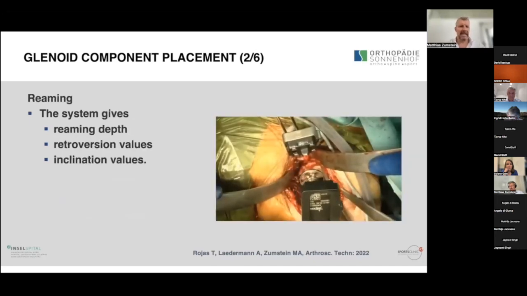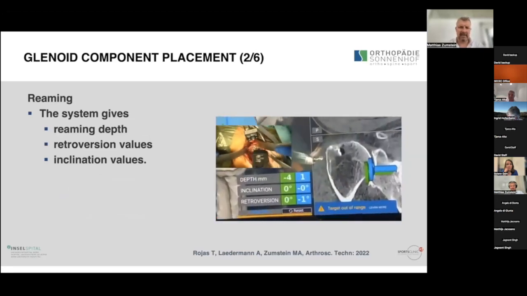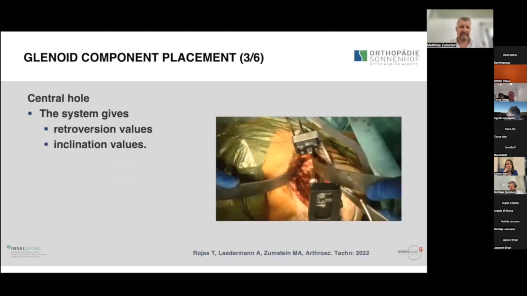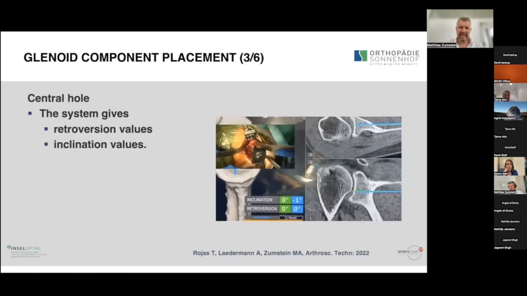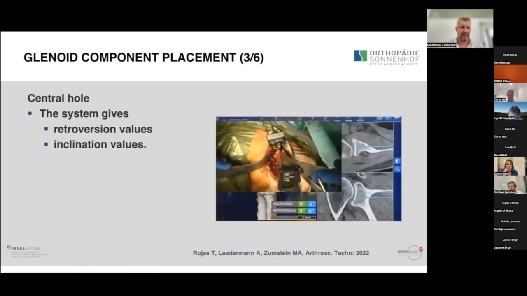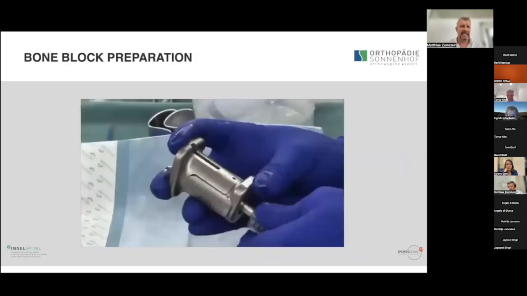Then the same for the reaming. I know how deep I can ream, and again my retroversion and inclination angles, and then the central post for the retroversion as well as the inclination, whether I'm really correct compared to the preoperative planning in green. You see it below on the screen.